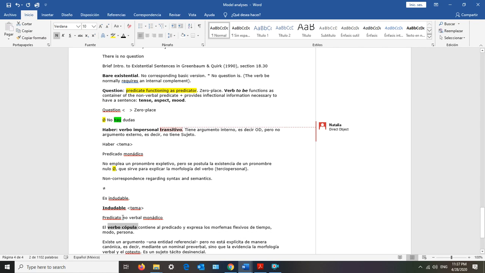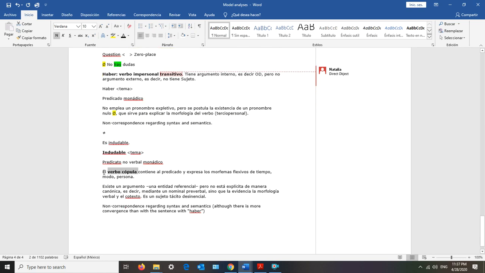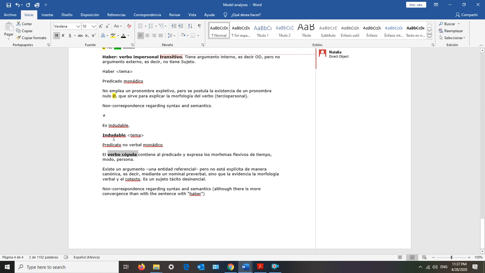Without the verb to be here in es indudable, we wouldn't have a sentence, because in order for us to have a sentence, we need to have a finite verbal form.